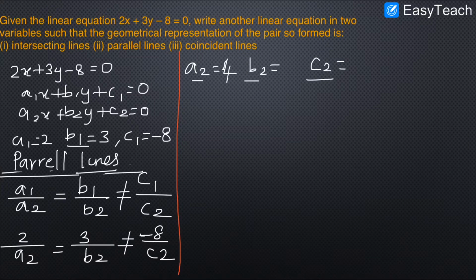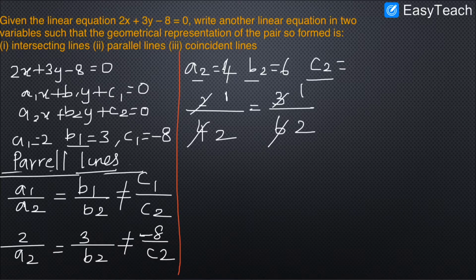For a2 I write 4, for b2 I write 6. Let me check if it satisfies the condition. If you simplify this, you will get 1 by 2, 1 by 2. So this is equal.